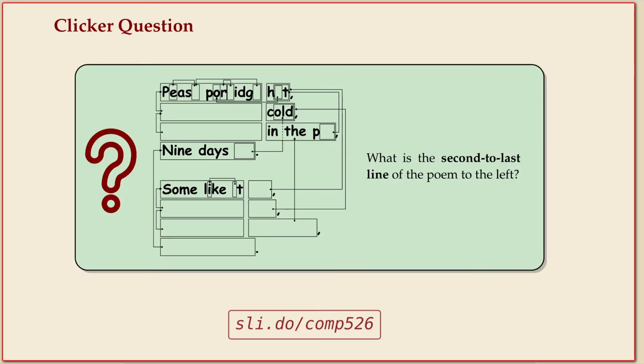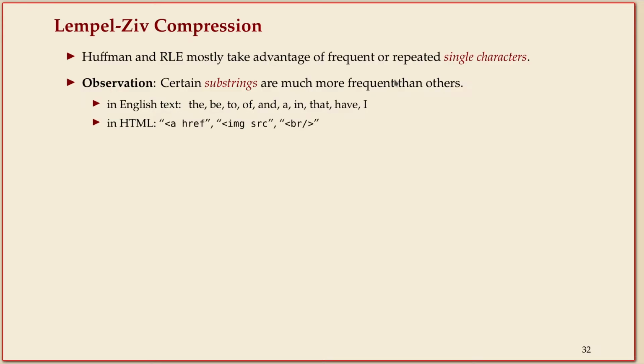Let's try to put that into slightly more structured language. What we looked at before is always looking at single characters. And already this motivating example from The Shining shows that this is not exactly capturing all the sorts of repetitions that we find.